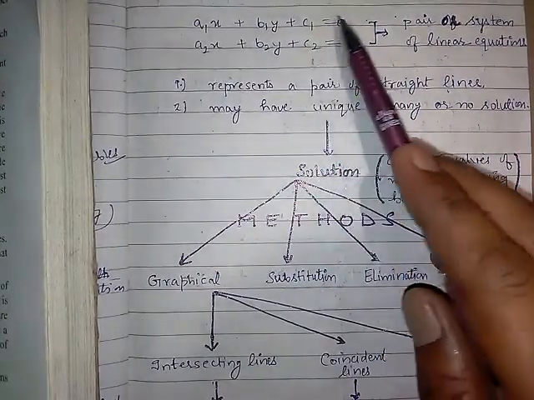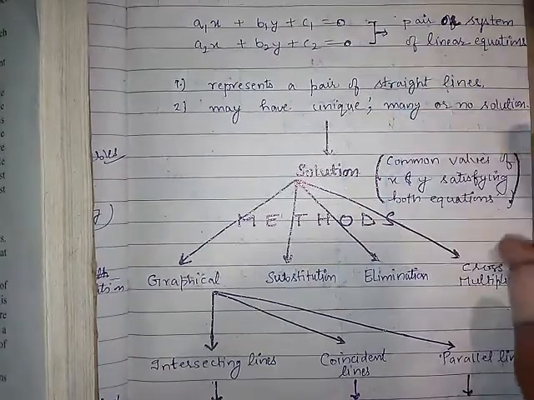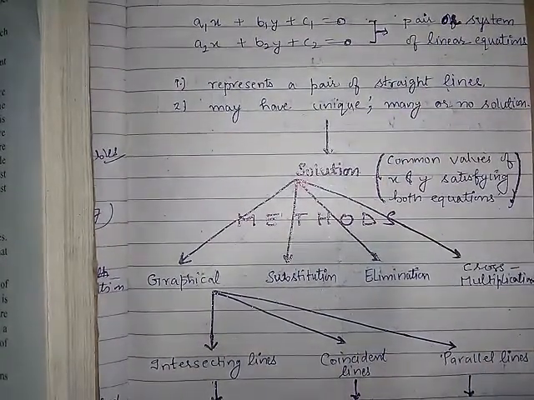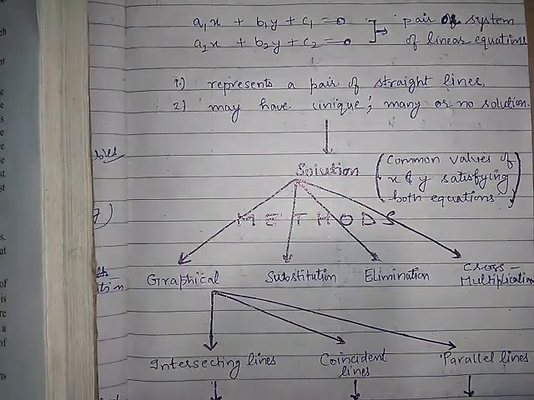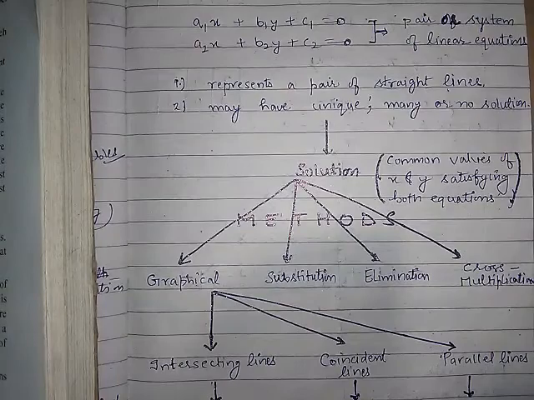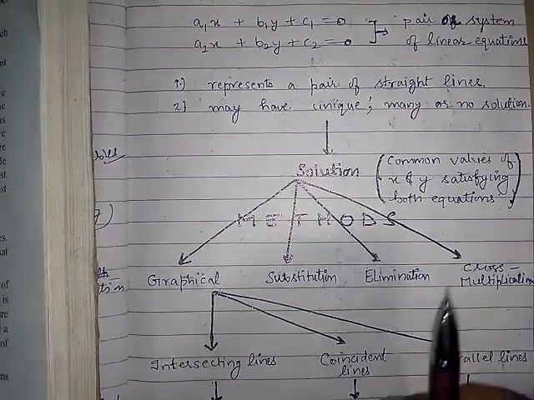Satisfy means the left hand side will be equal to the right hand side. That is the meaning of satisfying. So the common values of x and y satisfying both equations are called the solution, right?